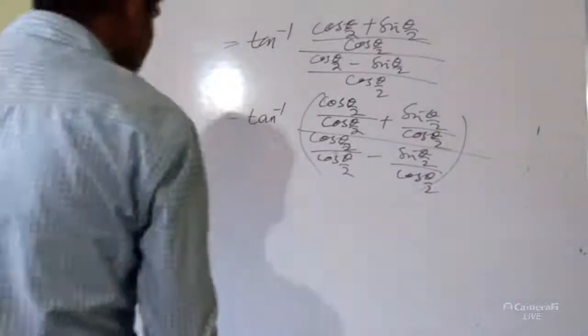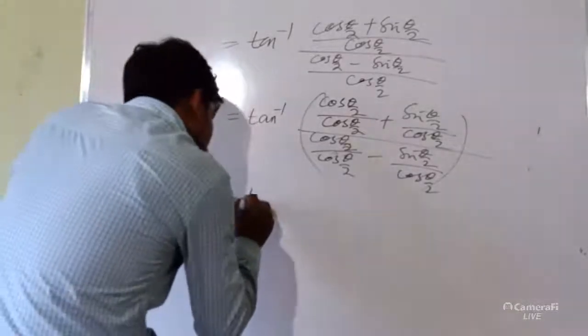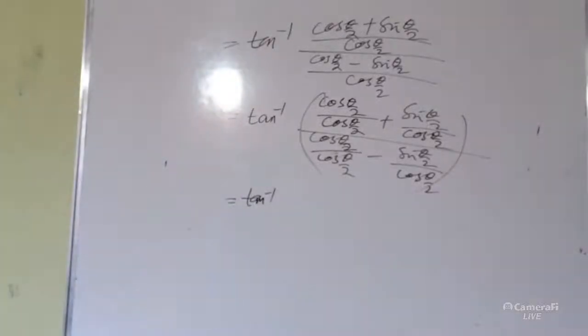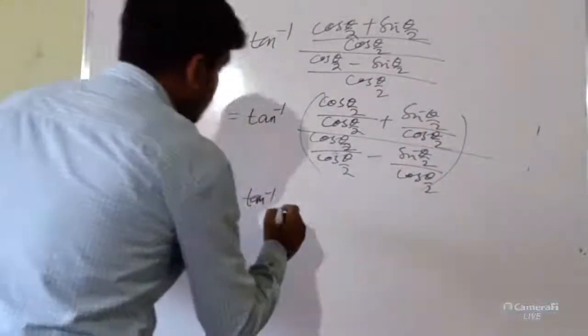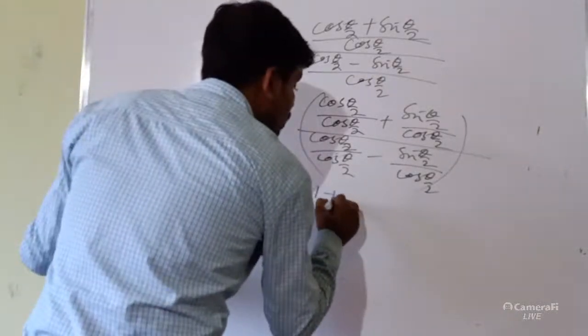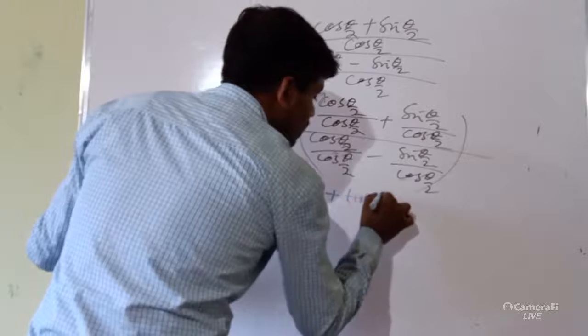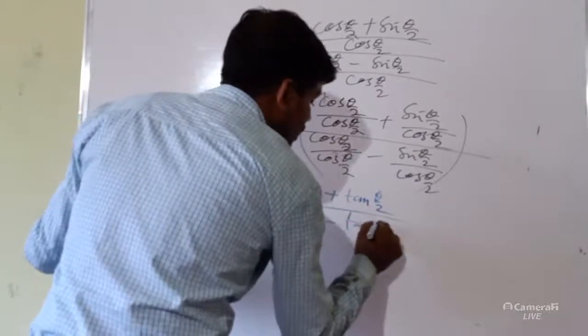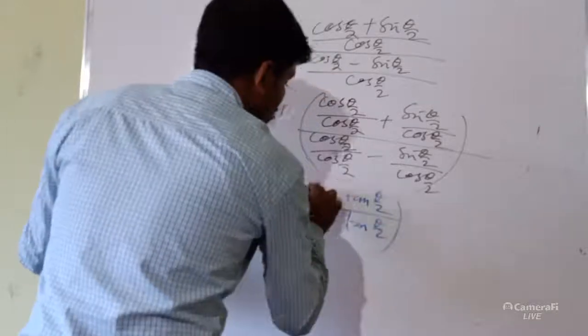Any doubt? Then this becomes tan inverse of 1 plus tan theta by 2, divided by 1 minus tan theta by 2. Okay.